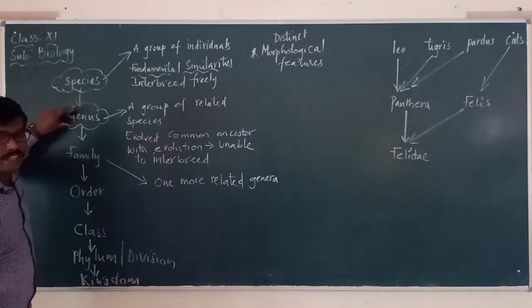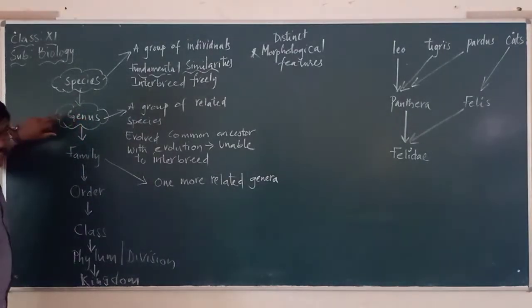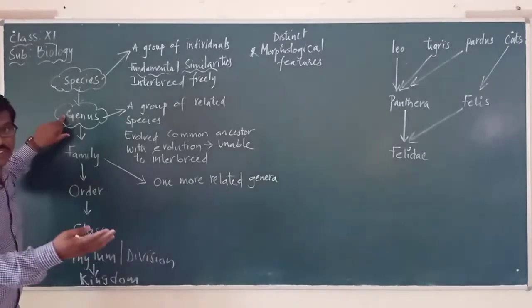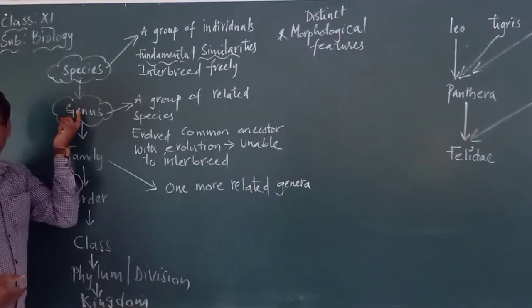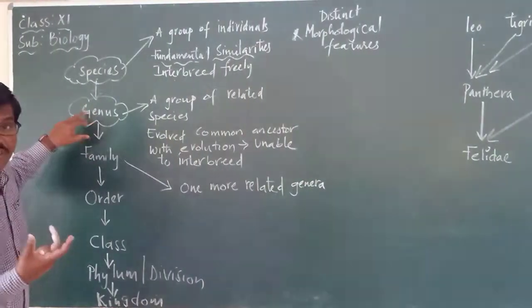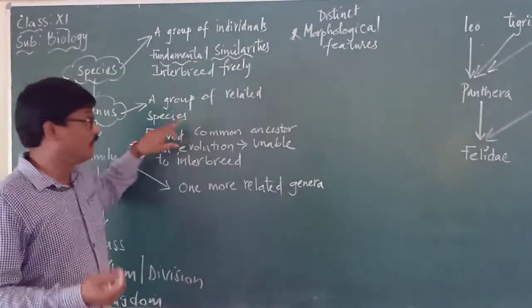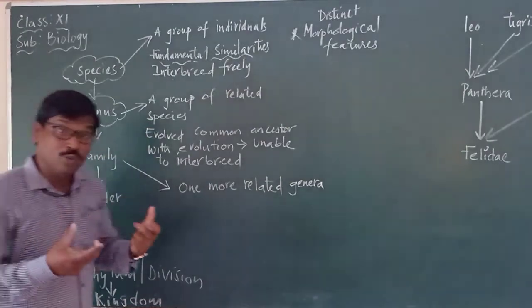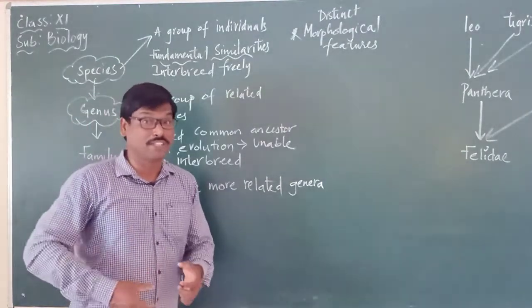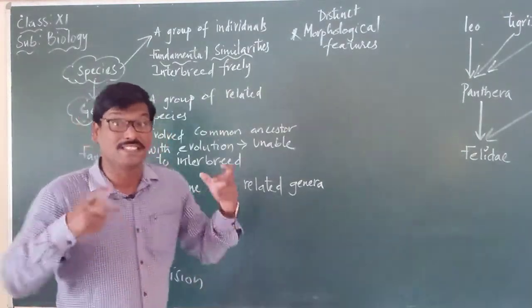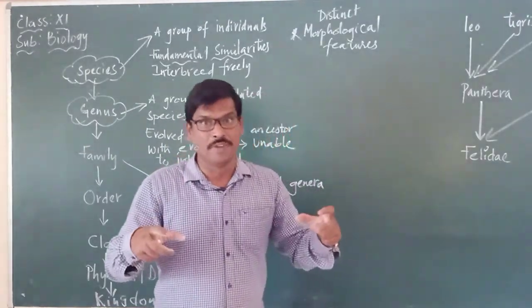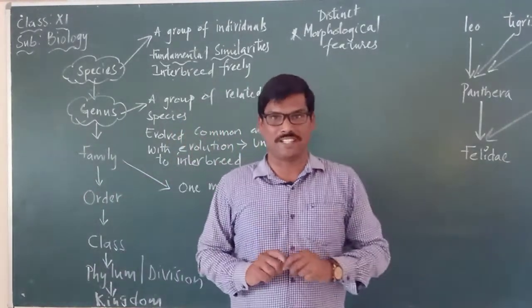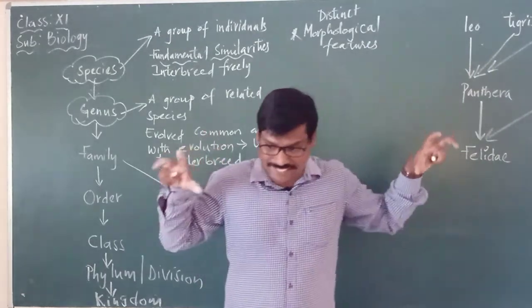If you are looking at the genus, which we already discussed in the previous videos, what is a genus? They are a group of related species. Please remember, they are not the same species. They are not morphologically the same, but they are related to each other. They are not all called lions. They are not exactly the same.